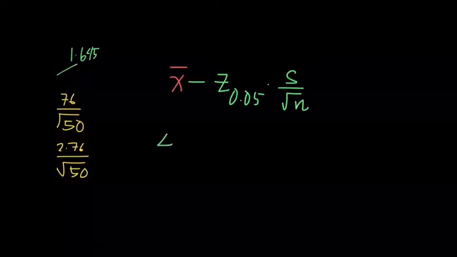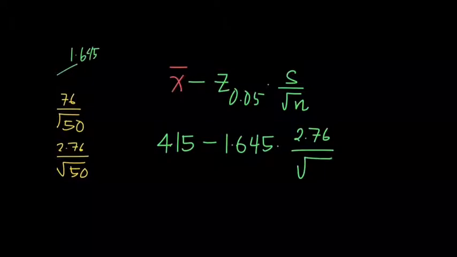We will be using the same values: 4.15 minus 1.645 times s, which is 2.76, over the square root of 50. Note again that the alpha that I used to obtain this value is the alpha 0.05, and I'm not taking the half of alpha.